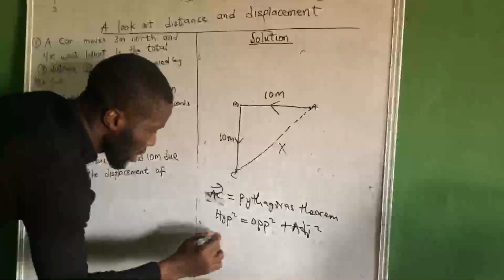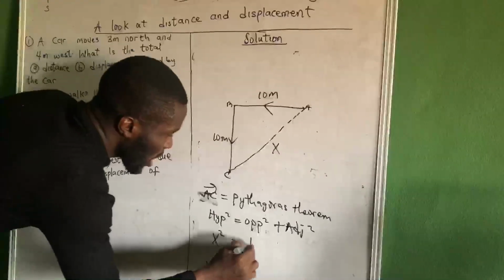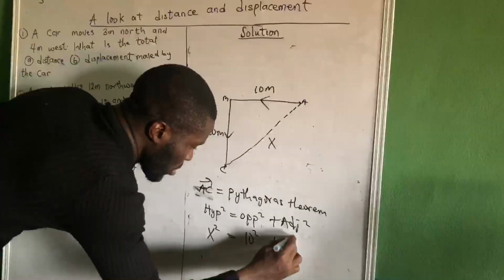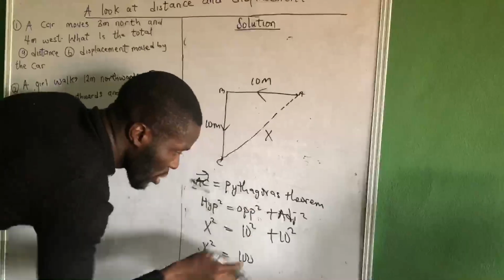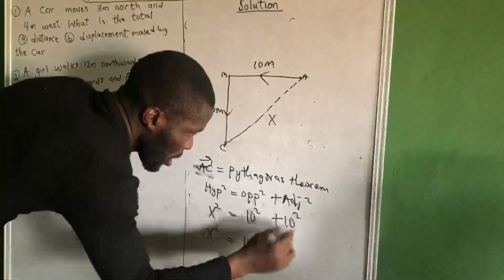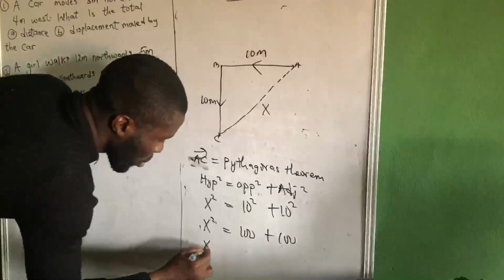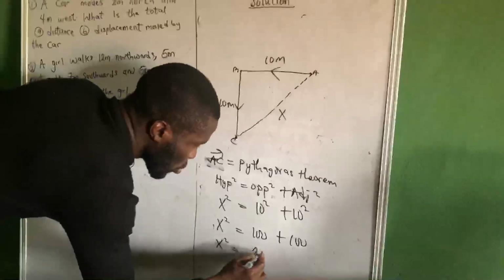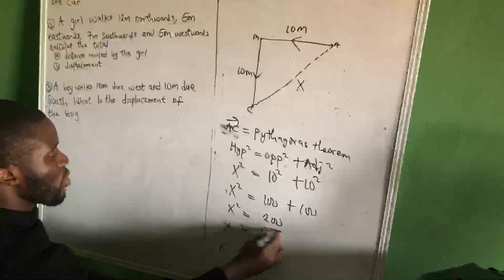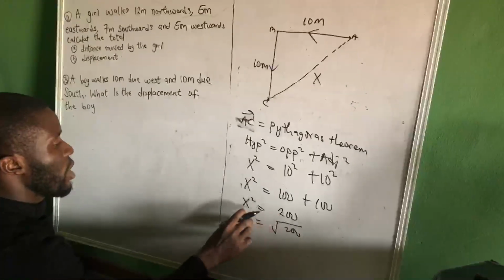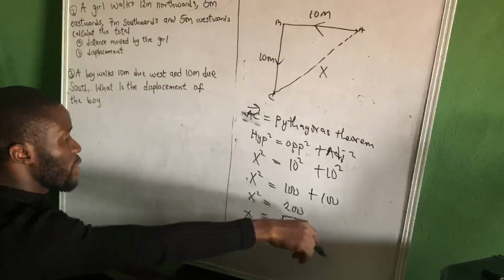Now hypotenuse is x, so x square equals 10 square plus 10 square. 10 square is 10 times 10, that's 100. 10 square again is 100. So x square is what? 200. Now what is x? X will be square root of 200. Since this is x square, the square will be transferred to the opposite side.